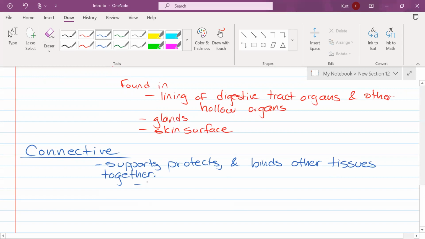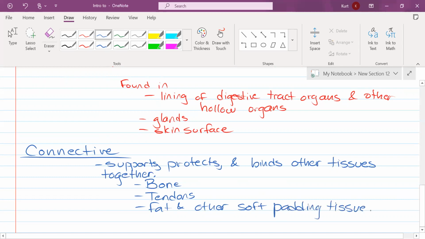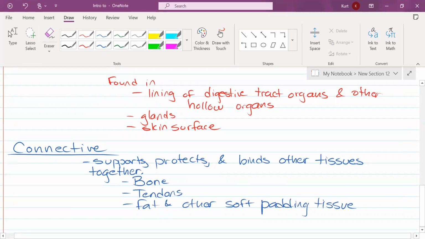This includes bone, tendons, fat, and other soft padding tissue. Now, when I say other soft padding tissue, let's see if you know what I mean.